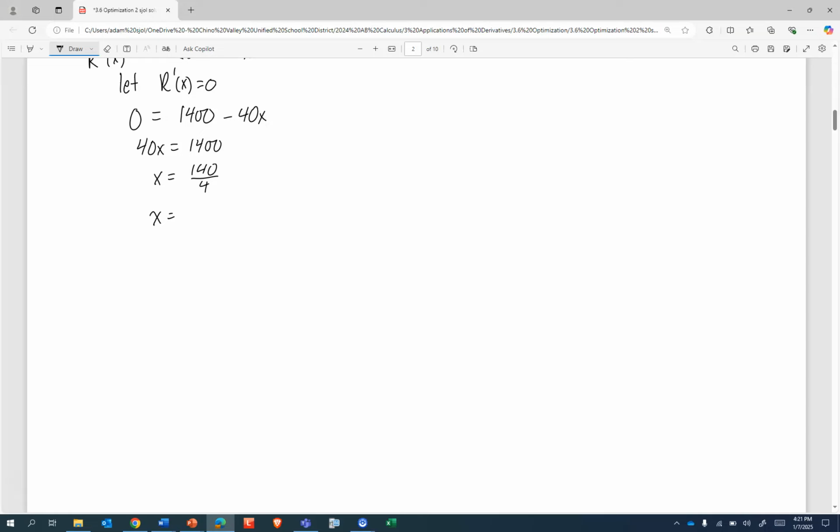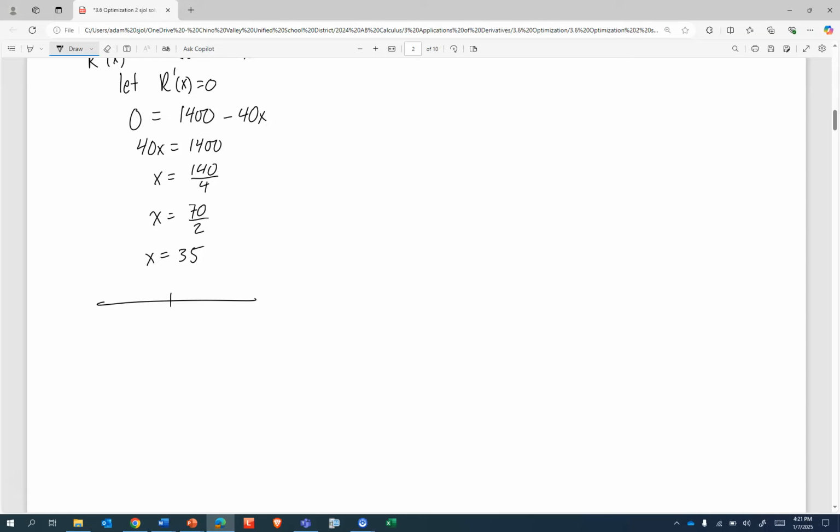X equals 70 over 2. X equals 35. Those aren't arrows, those are going to be bars. So we said 0, 35, 80, x.